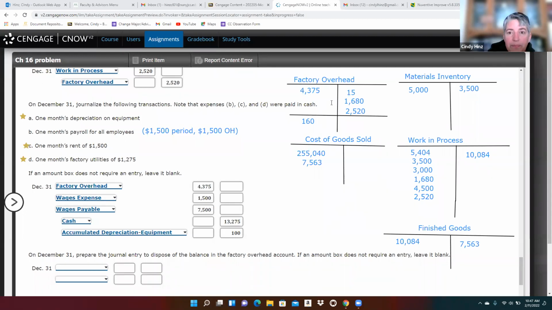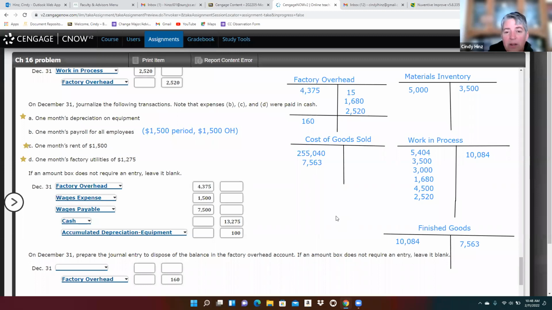As we discussed in chapter 16, if it's not a material amount, if it's less than 5% of the total, we dispose of that, by dispose of, we mean zeroing out that factory overhead. In order to zero out that factory overhead account, we need to credit factory overhead for 160, and that will bring that account down to a zero balance.